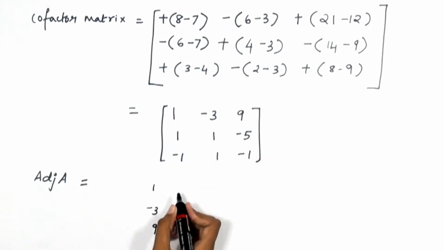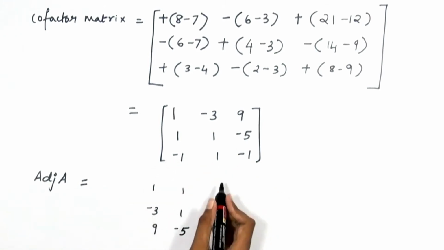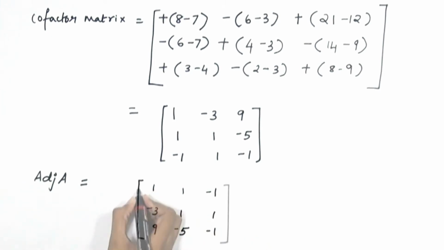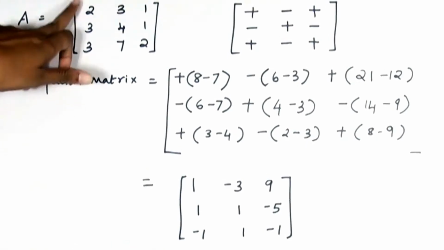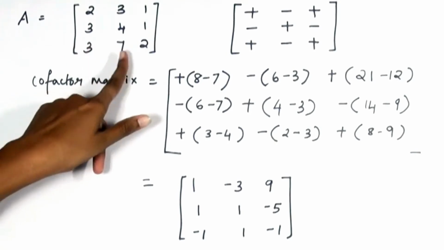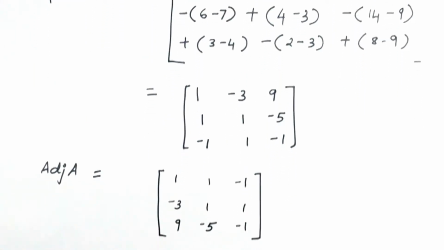Second row to second column: 1, 1, -5. Third row to third column: -1, 1, -1. So this is the adjoint A of the matrix 2, 3, 1, 3, 4, 1, 3, 7, 2. So this is the final answer.